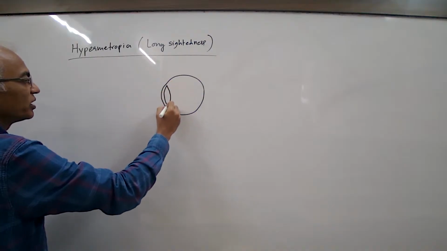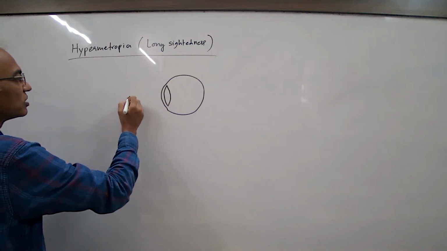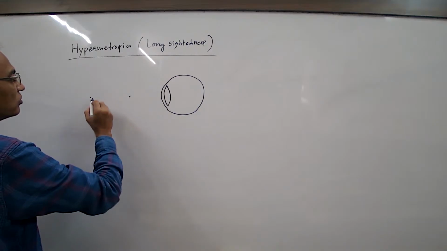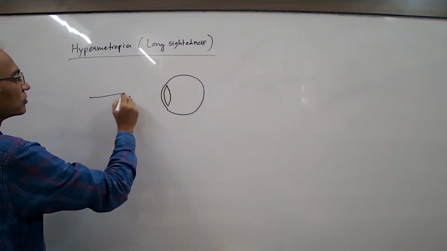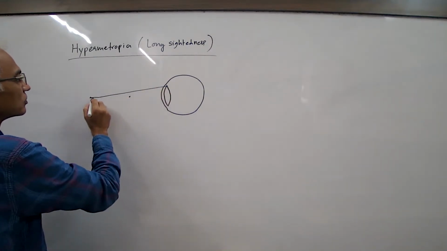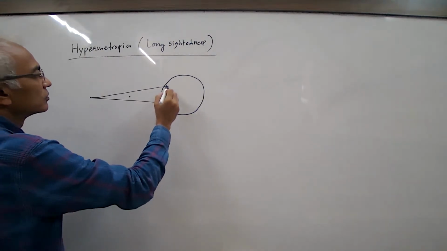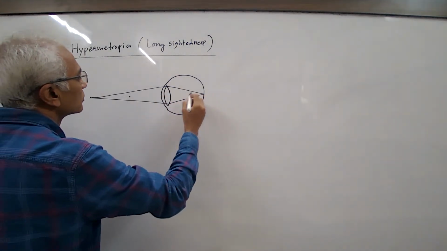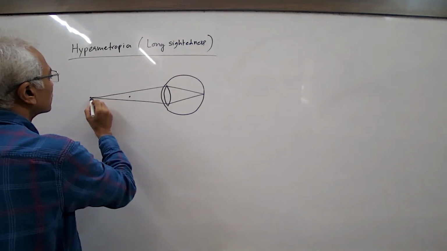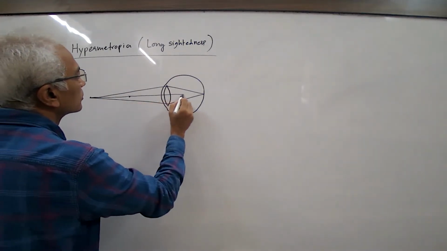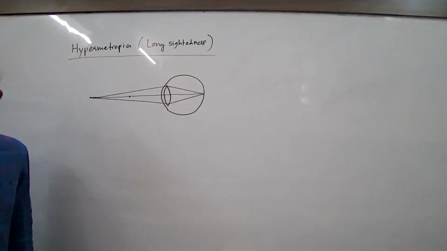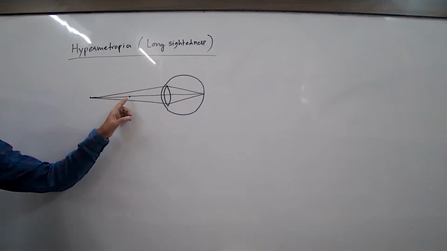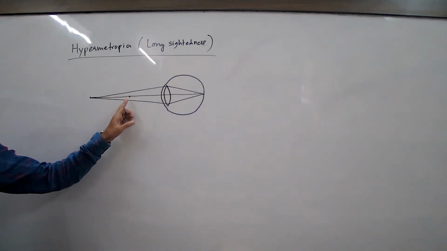So the near point is not at 25 cm. So the image is formed behind the retina, right? In hypermetropia, yes, because when you keep the object at 25 cm, the image is behind the retina.